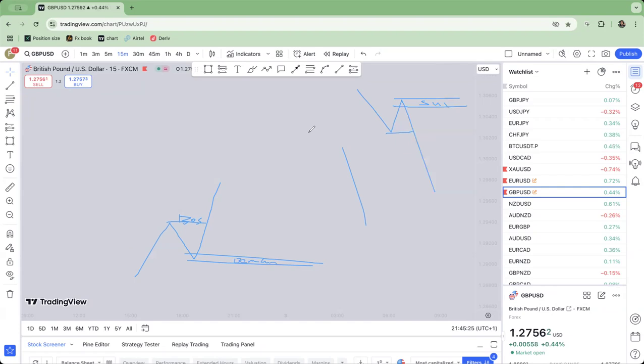Now, there's something I want you to learn. People talk about rally-based rally in economy, drop-based drop. Of course, that is the thing in Forex. So demand is always rally-based, which is demand dropping, creating supply-based rally. For supply, we're looking at drop-based drop.